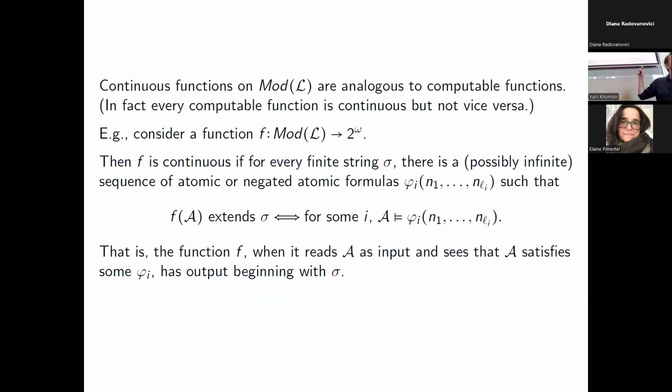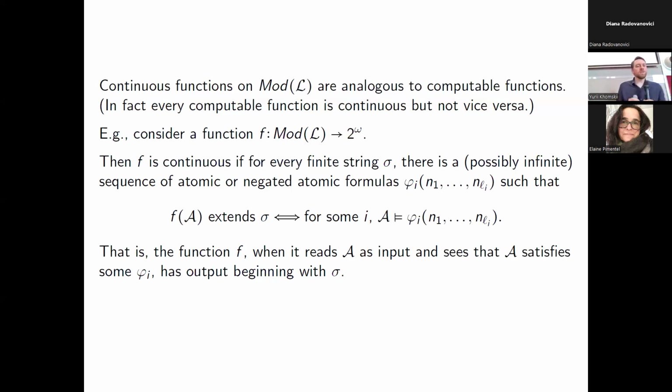So what's the topology on the binary strings? It's got the basic open sets that say, here's this finite binary string, what are all the binary strings that extend this? So the inverse images of those have to be open. And what that corresponds to is, if you take some finite binary string sigma, how do I know for a structure whether it's going to output sigma when that structure is an input?